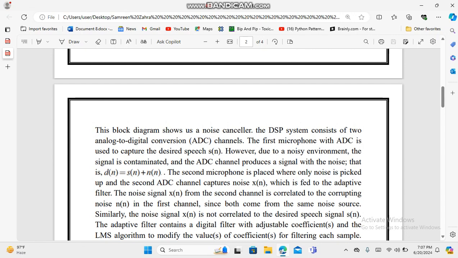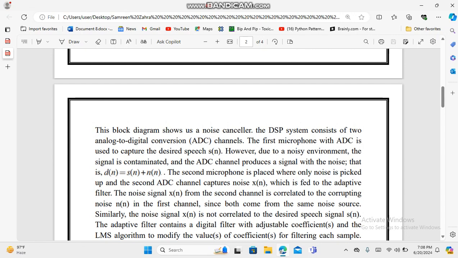The second microphone is placed where only noise is picked up, and the second analog to digital converter channel captures noise X of n, which is fed to the adaptive filter. The noise signal X of n from the second channel is correlated to the corrupting noise N of n in the first channel, since both come from the same noise source. Similarly, the noise signal X of n is not correlated to the desired speech signal S of n.